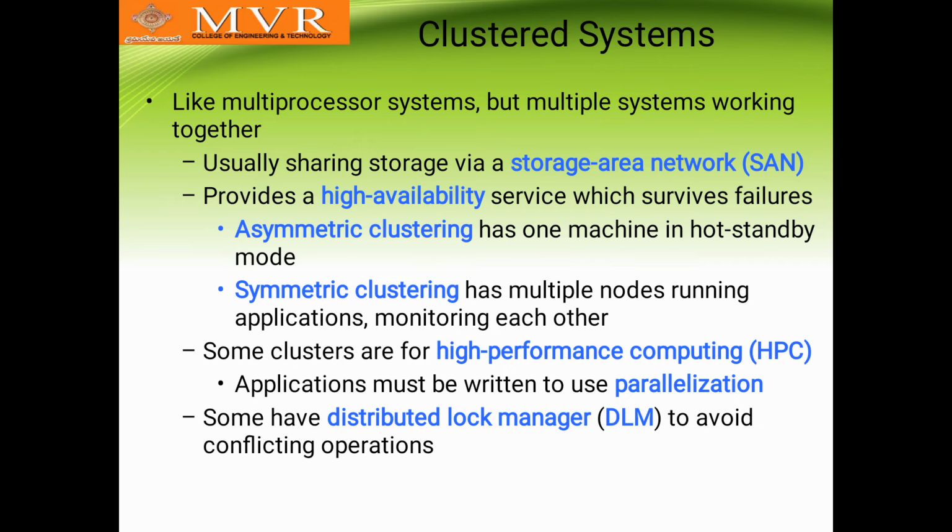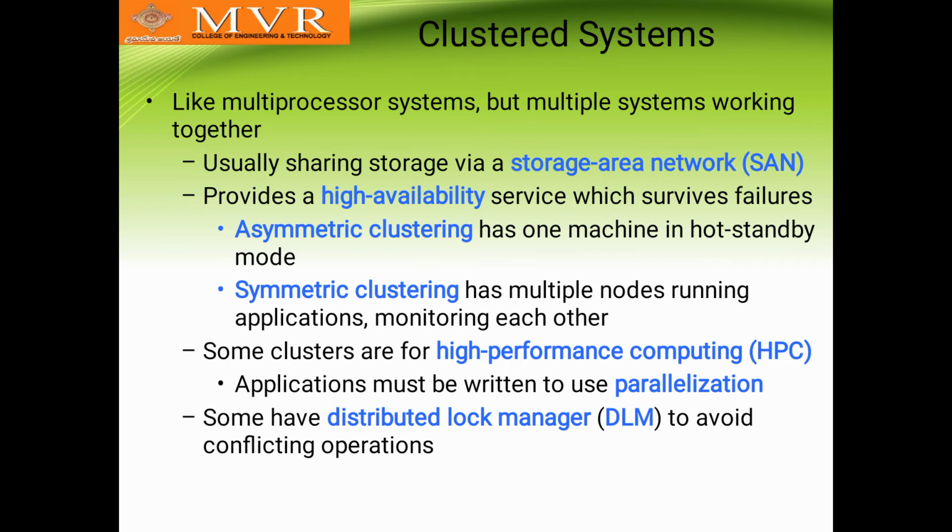Cluster systems. In this cluster system, multiple systems work together, usually sharing storage via a storage area network, and it provides a high availability service that survives failures. Asymmetric clustering and symmetric clustering are two types of clustering systems, used in multiple processor systems.